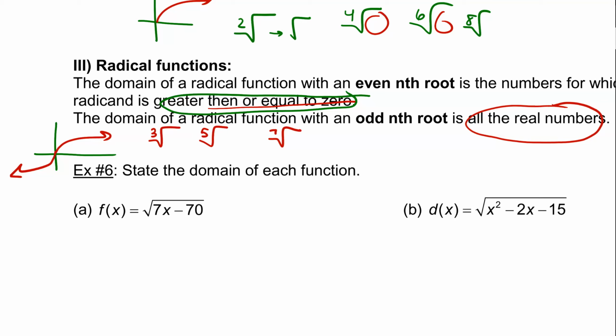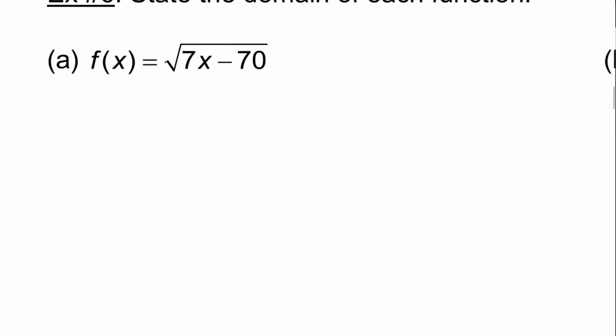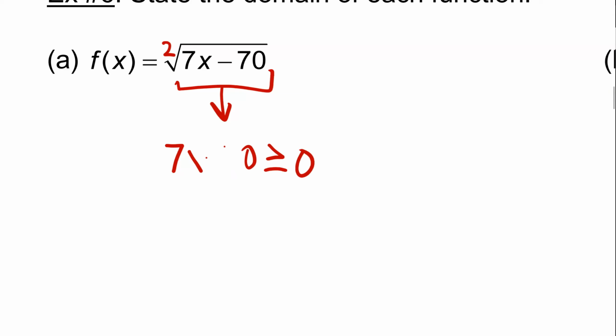So let's go through the first one. f of x equals the square root of 7x minus 70. Since this is an even root, the second root, I set whatever's inside my radical greater than or equal to 0, and I solve. 7x minus 70 is greater than or equal to 0.